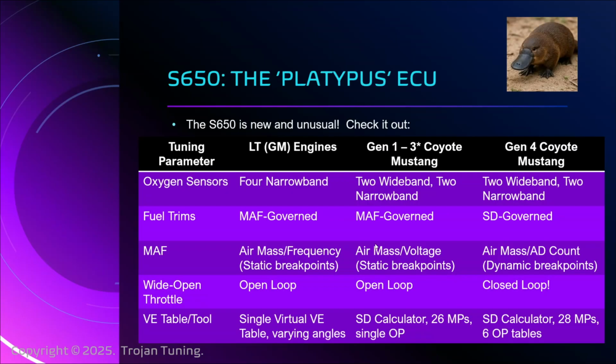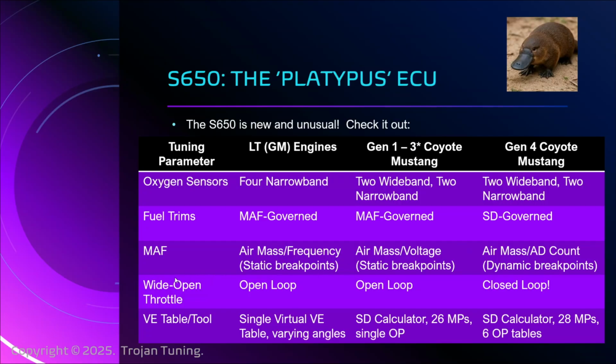But the bottom line is, whereas the previous 3 generations would have just air mass gauged against voltage, and the breakpoints would be static, the Gen 4 Coyote in its current state with the beta HP Tuners software, and it may change, currently gives us a raw analog to digital sensor count from that nibble transmission protocol. We're looking at it against air mass, and every iteration of tuning, we have to adjust for these dynamic breakpoints. It's just how we're getting around it right now. It is what it is.